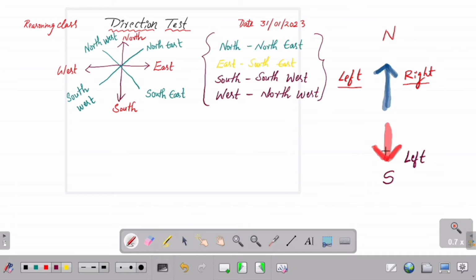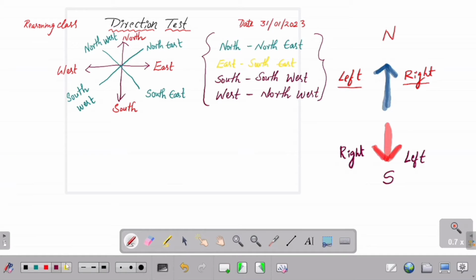Imagine that you are facing towards the south side. Then this becomes your left and this becomes your right. Just imagine, then you will get this answer. Am I clear? So the two directions are completed.